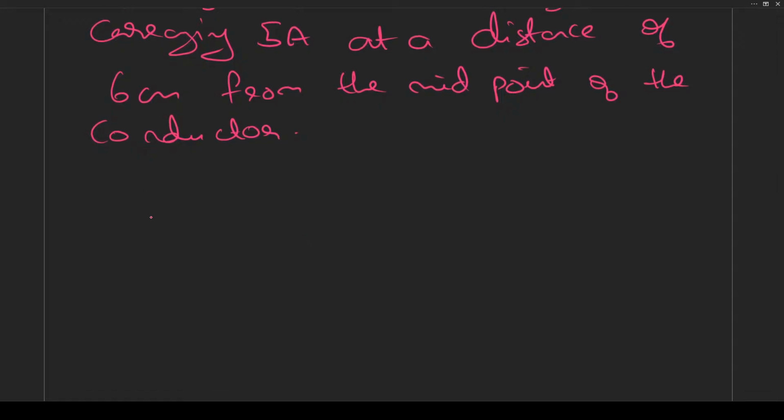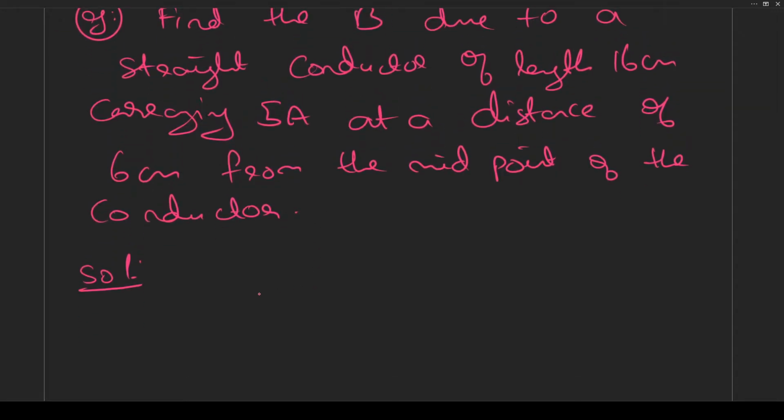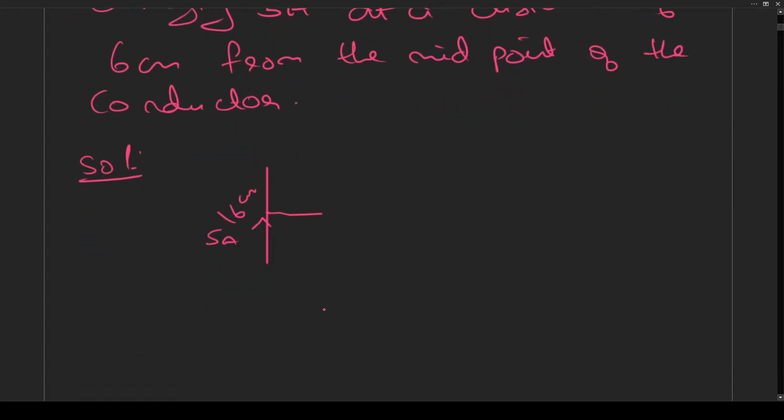Now we know the formula, but let's draw the diagram first. They're saying there is a straight conductor of length, I believe, 16 centimeter. There is a 5 ampere current, and there is a point at a distance of 6 centimeter from the midpoint of this conductor.